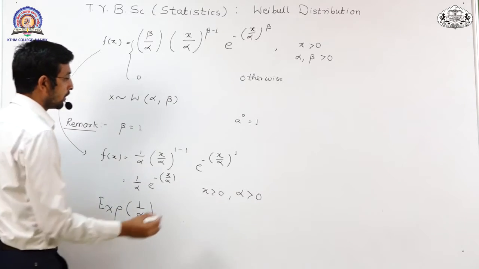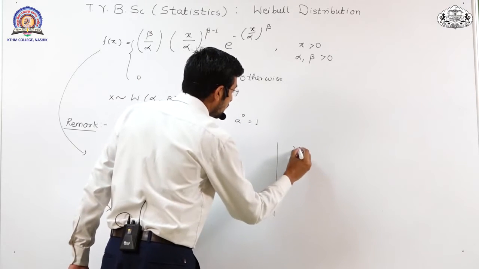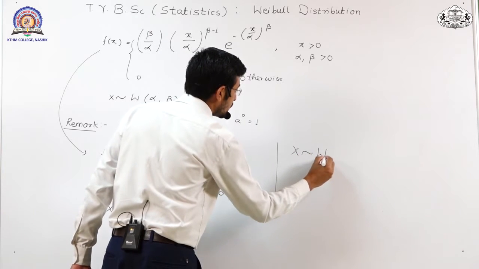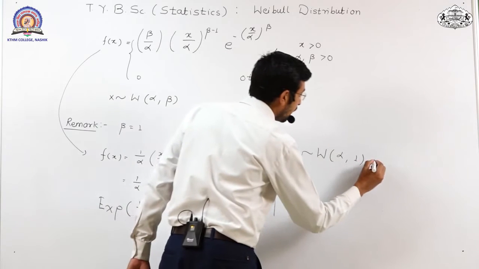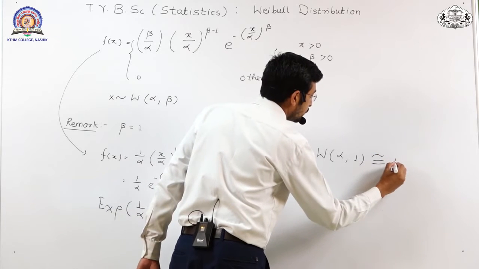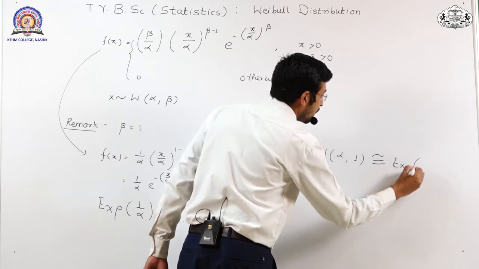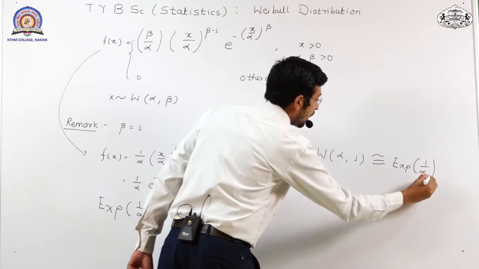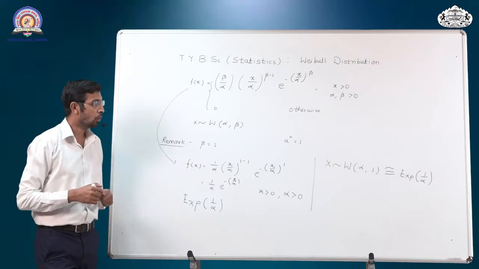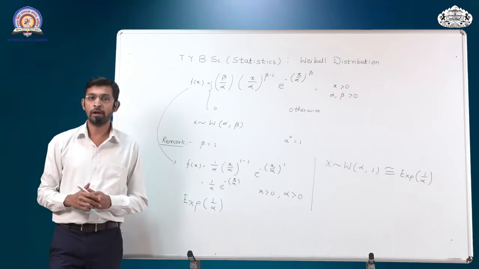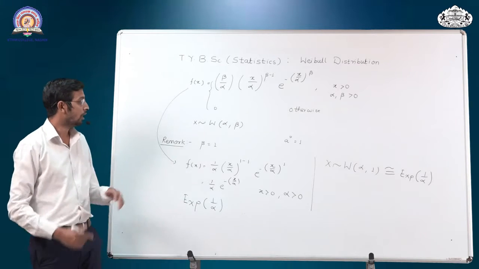That means here x is a Weibull distribution with parameters alpha and 1, which is equivalent to the exponential with parameter 1 upon alpha. This is the relationship between the Weibull distribution and the exponential distribution.